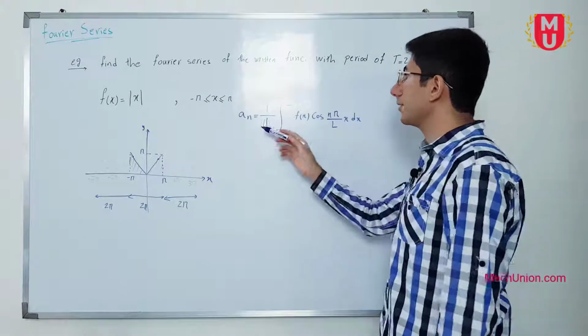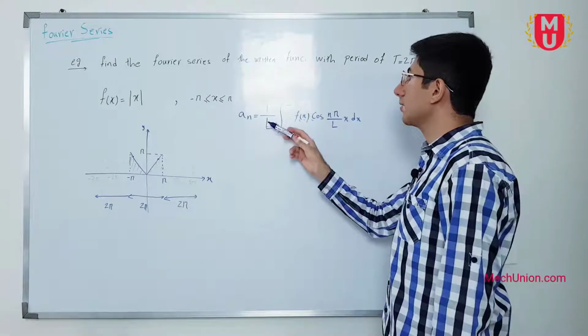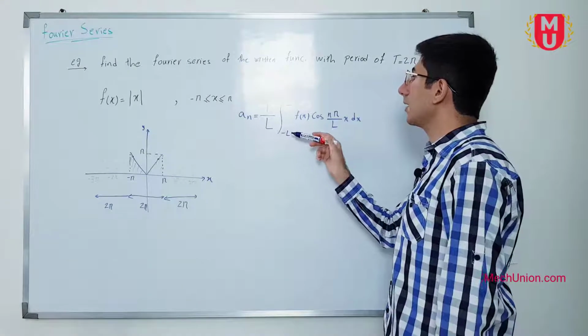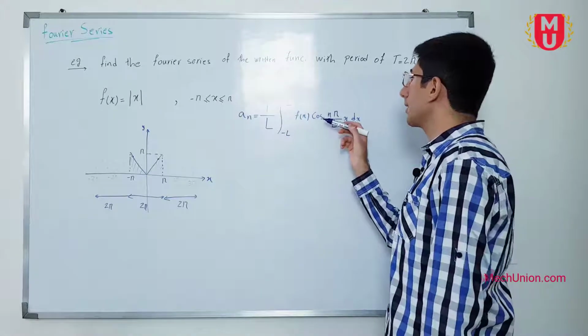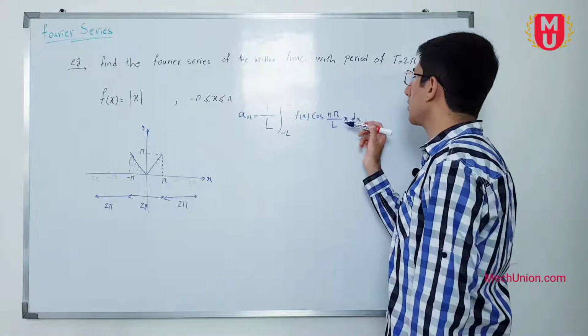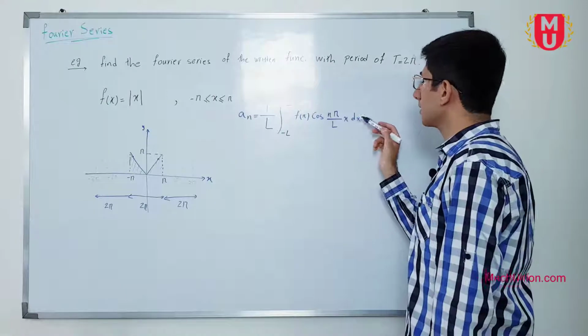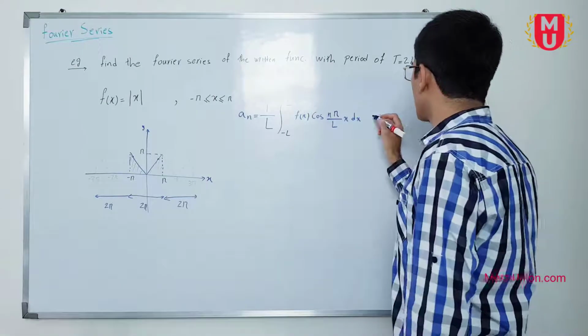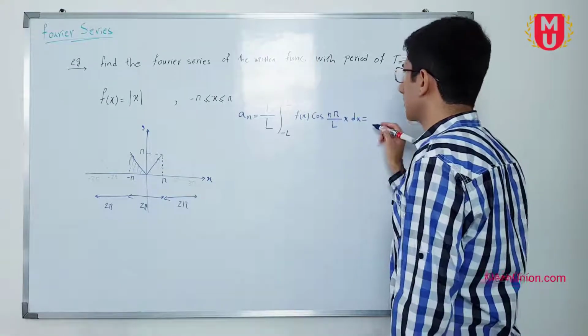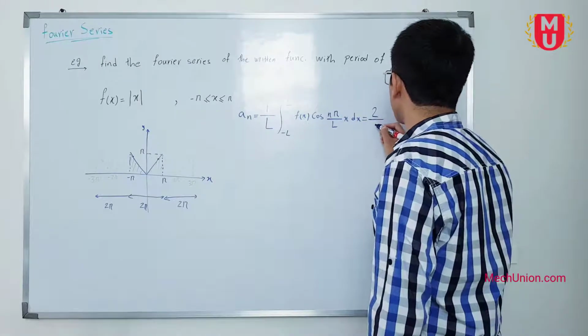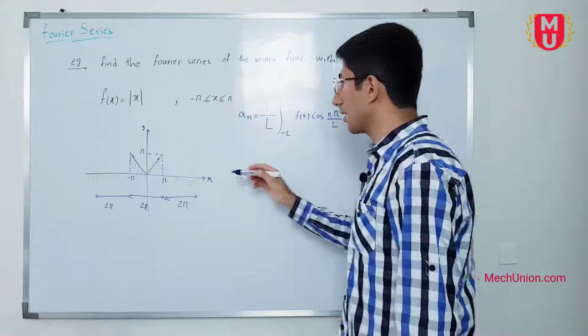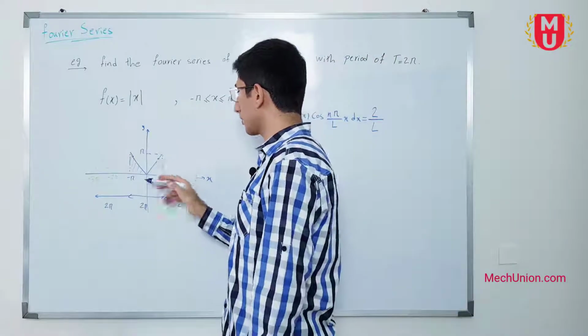Okay, we write down the A n, which is equal to 1 over L integration from minus L to L of f(x) cosine n pi over L of x dx. It's equal to 2 over L, which is even function.